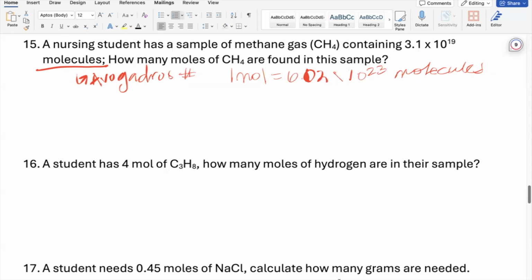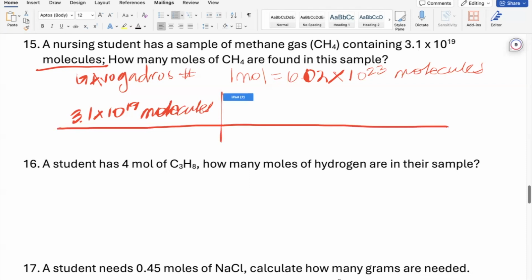All right. So we're going to start with my given 3.1 times 10 to the 19th molecules. All right. We're not changing substances or anything, so I really don't need to worry about carrying the CH4 with me, but you could. All right.